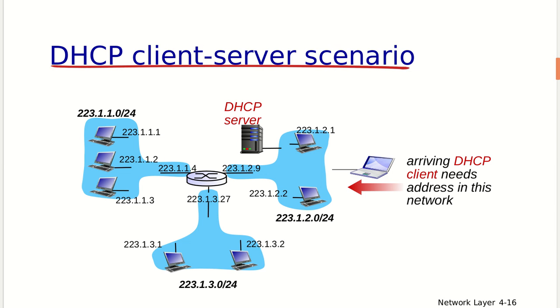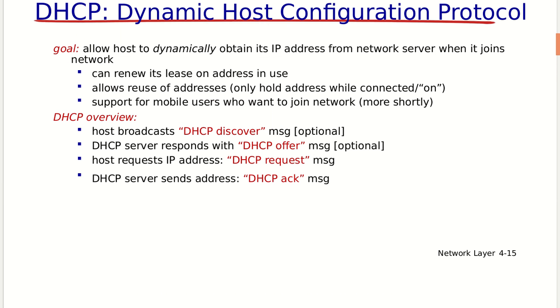Now let's suppose that you connect an additional laptop onto this system. Once you connect the additional laptop, then it will also need an IP address. So the arriving system is going to be acting like a DHCP client, okay, for the DHCP server which is already present on the network. So once it connects to this particular network, it is going to go through the 4-step cycle that we have discussed previously.